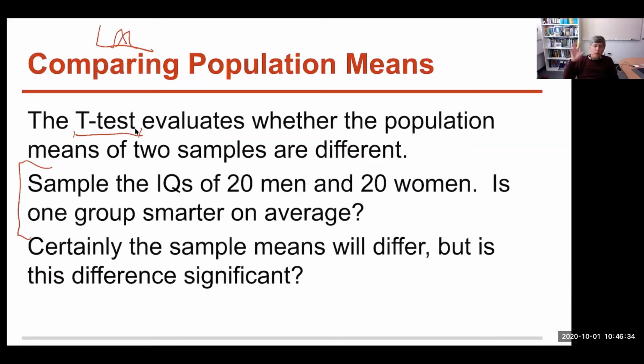Suppose I took 20 men from the class and got their IQs and computed the average. And I took 20 women from the class and took their IQs and computed the average. Do we think that the IQs of the men and the women are going to be the same on average? Any opinions here?